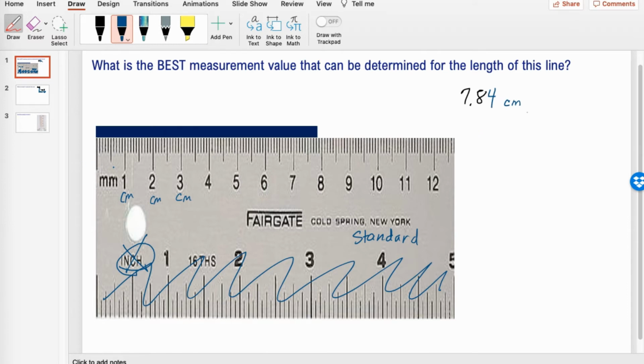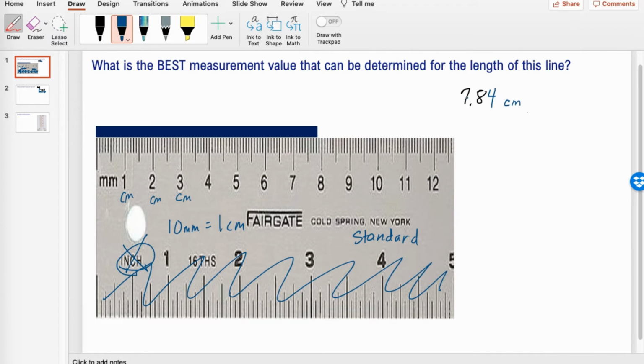Now, alternatively, let's think about this. If there's 1, 2, 3, 4, 5 millimeters, there's 5 millimeters, 6, 7, 8, 9, and then the 10th one gets us to 1. So that's 10 millimeters. So 10 millimeters equals 1 centimeter.